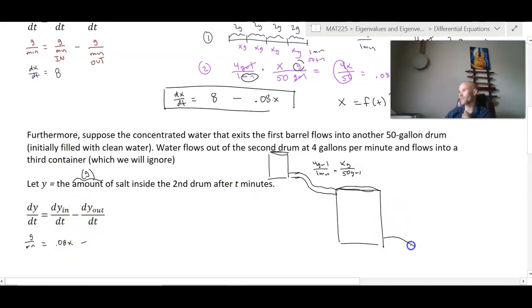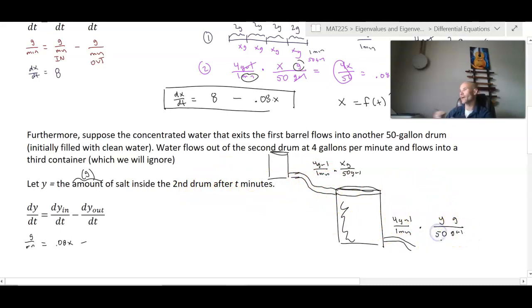Okay, so now we're going to do a very similar analysis. Well, the flow rate out is still 4 gallons per 1 minute multiplied by the concentration of grams per gallon. Well, how many grams are inside of tank 2? Again, we're going to assume everything's well mixed in here. And therefore, there are going to be y grams inside of that drum at any given moment, divided by the number of gallons in that drum, which is always going to be 50, since water's flowing in at the same rate that it's flowing out, and it's initially filled with clean water.